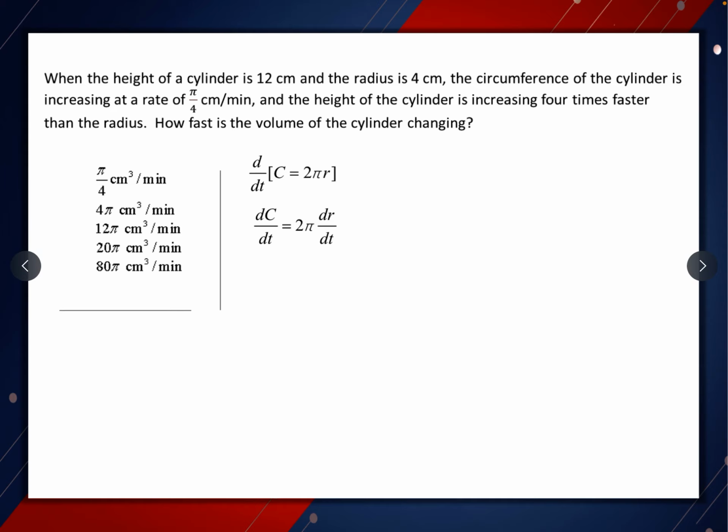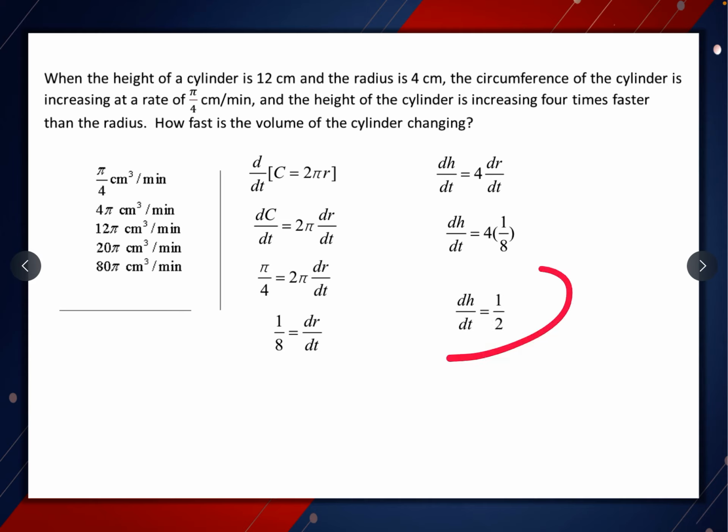By using C equal to 2 pi r, we can get dC/dt is equal to 2 pi dr/dt. And we know dC/dt, so dr/dt equal to 1 over 8. By using dh/dt equal to 4 dr/dt, we can have dh/dt, which is 1 over 2.